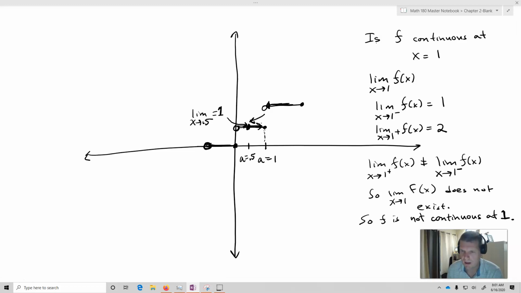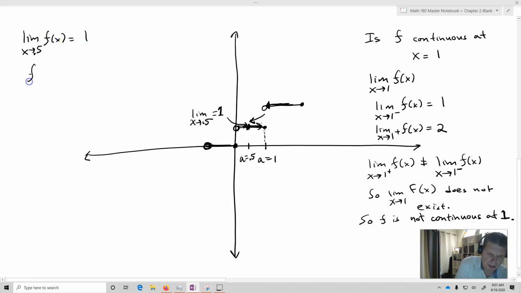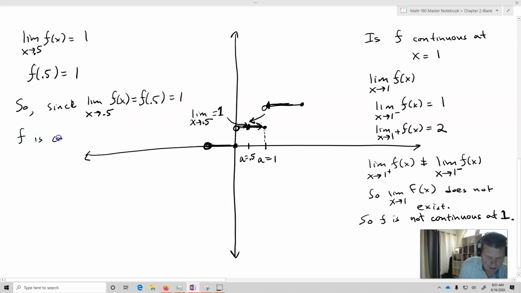So the limit equals 1. Good news too, f of 0.5 also equals 1. If you look at your definition, since the limit as x approaches 0.5 of f of x equals f of 0.5, which equals 1, f is continuous at 0.5.